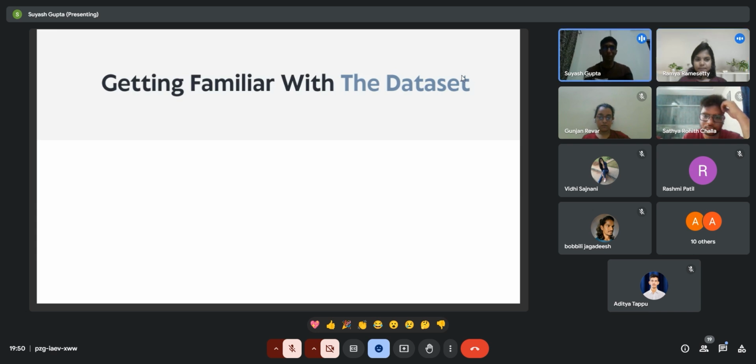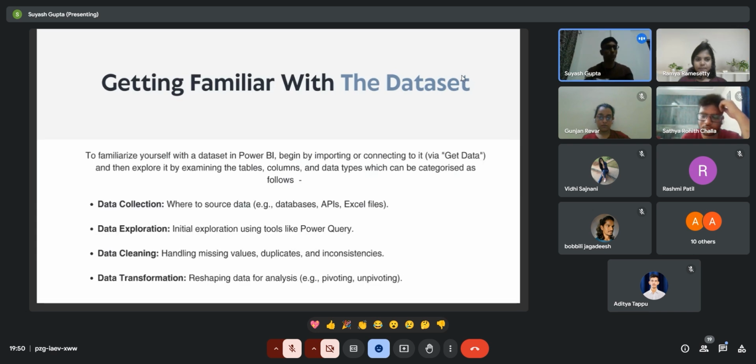So yes, let me provide you what we have prepared. To familiarize yourself with the data set is a crucial part, and there are several options in Power BI. We can explore it by examining the tables, columns and data types, as Gunjan has said. By categorizing the points we have covered here, we can guide our analysis in the following steps.